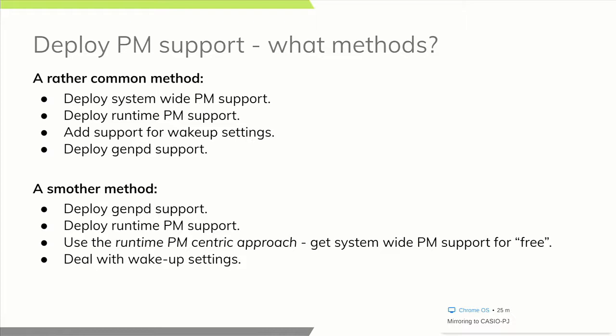The reason why I think it's useful to do that is because sometimes it's quite similar kinds of operations that need to be done from Runtime PM and System PM. And there are helpers that allow you to reuse the code that you have implemented for Runtime PM for System PM. So just an idea.